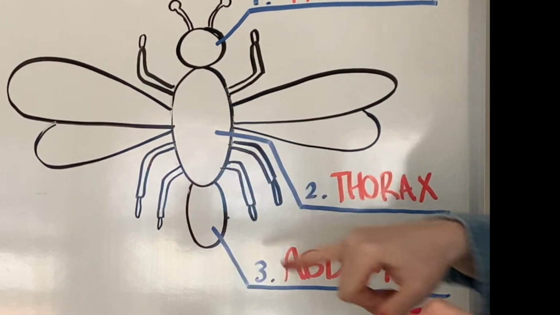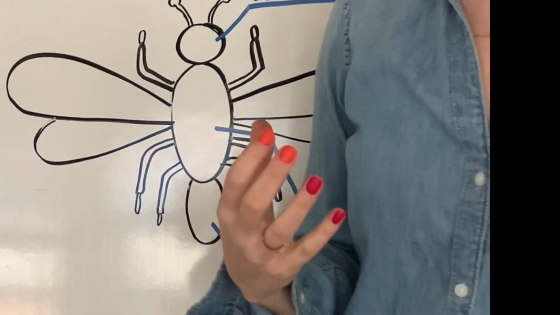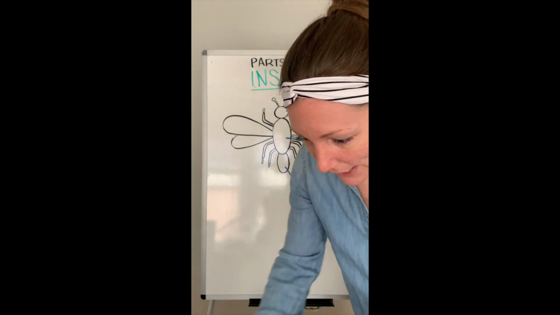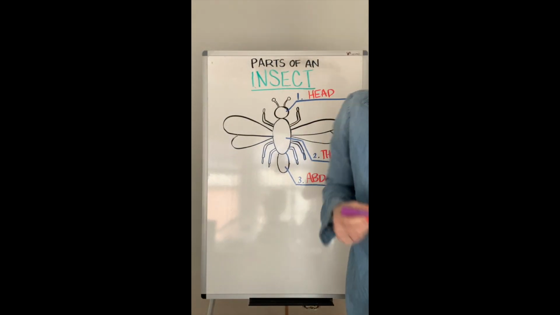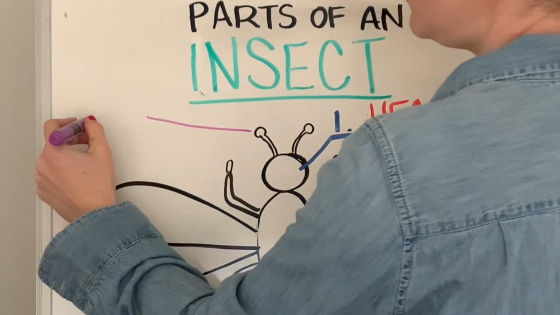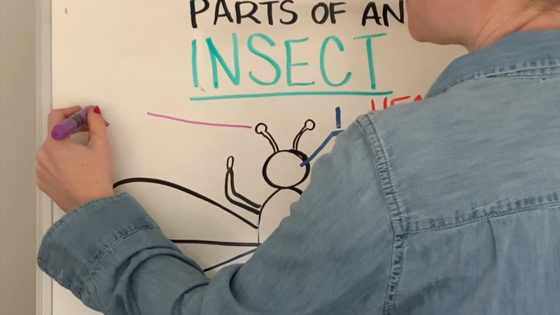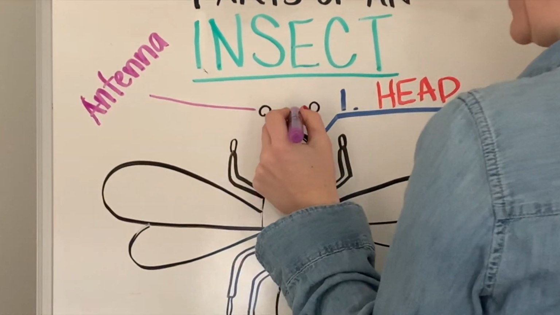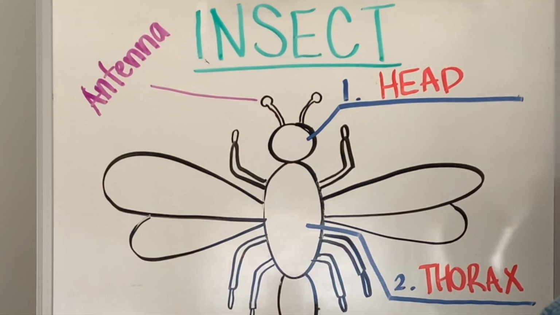Here, here, and here. But insects also have other similar features. An insect might have antennas. So those are these right here. So you can add antennas to your insect.